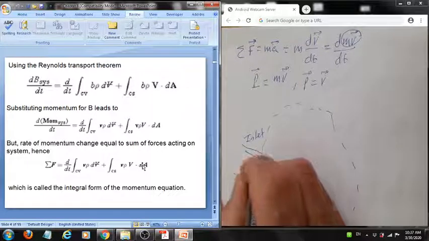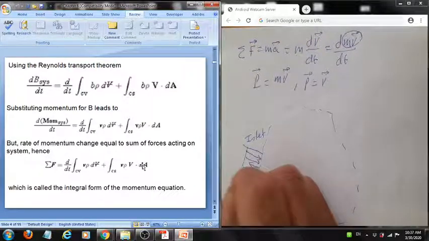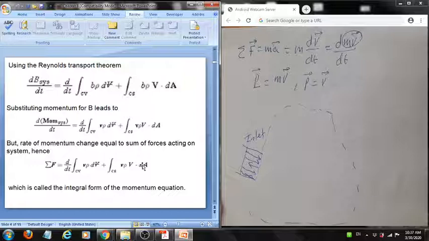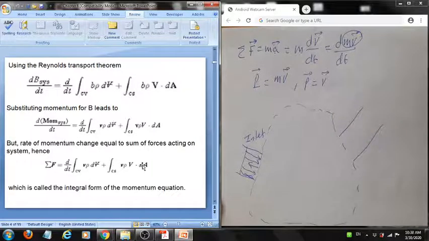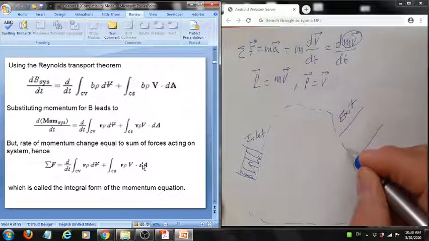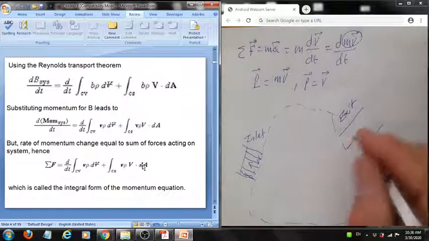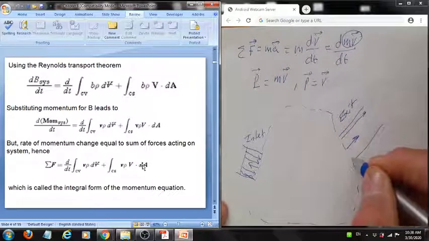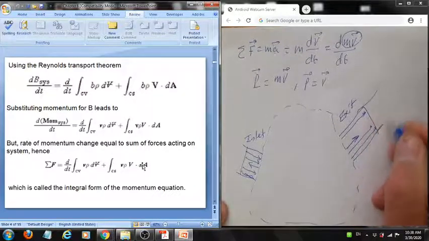Suppose the velocity is uniform in this case, meaning it has a constant velocity. Suppose also at the exit the area of course will be outward normal. Also the velocity, assume it has a constant velocity or uniform conditions.